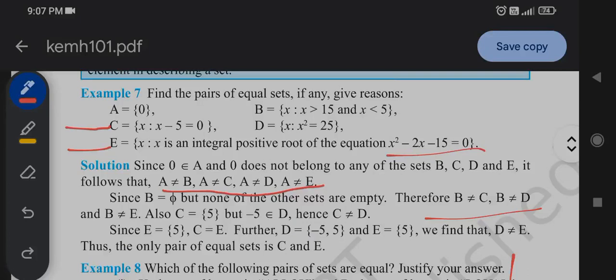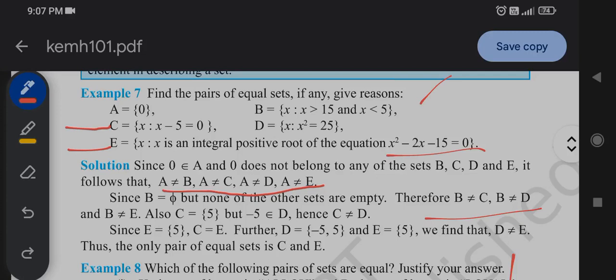Example 7, find the pair of equal sets if any, give reason. A is equal to open braces 0 closed braces.